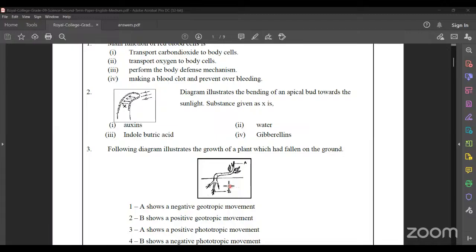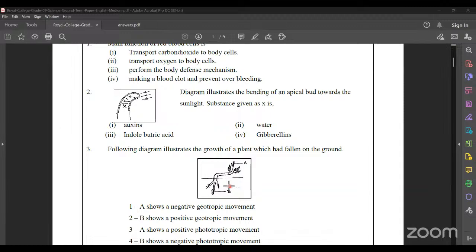Yeah, that's fine. Auxins, gibberellin, and cytokinin. These plant growth substances are chemical compounds. They regulate the growth of a plant. There are 3 main plant growth substances: auxin, gibberellin, and cytokinin.